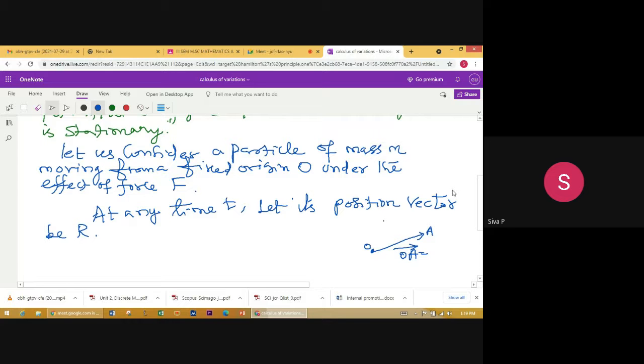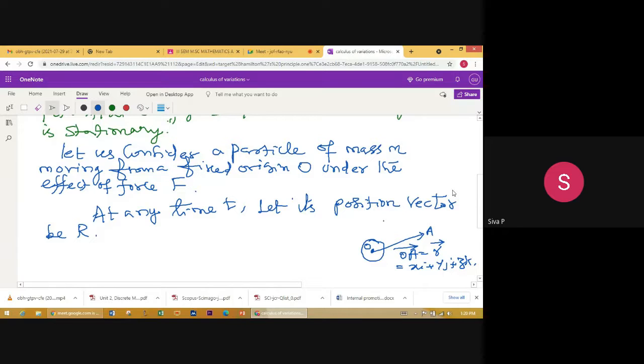Generally, we can write the position vector as R. For this problem, we are taking the position vector R. Actually, the position vector always starts from the origin O. That is important.